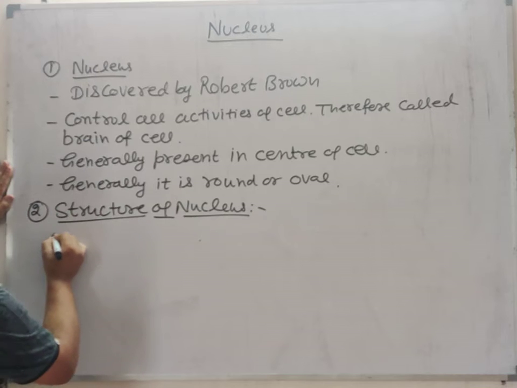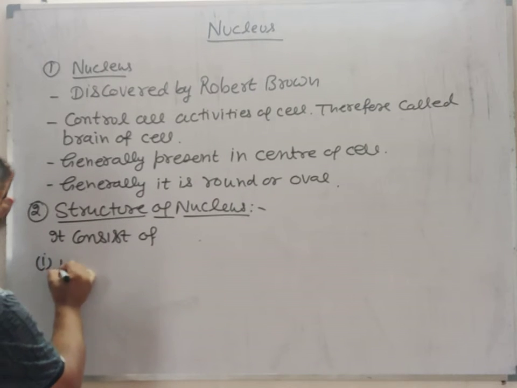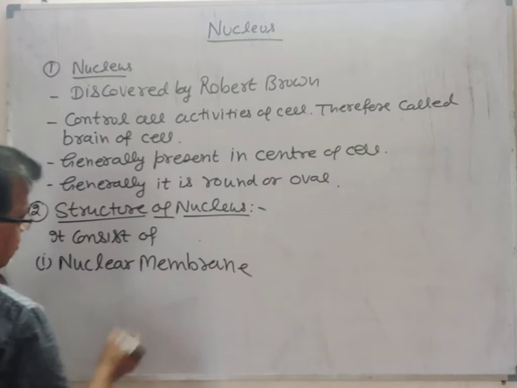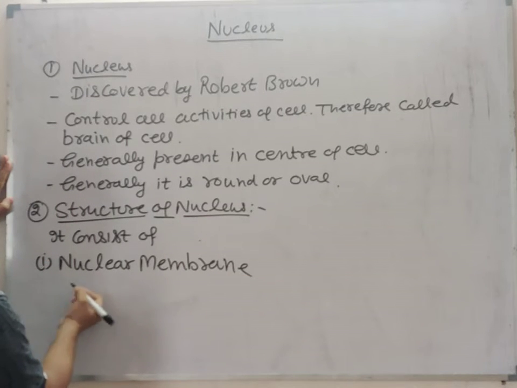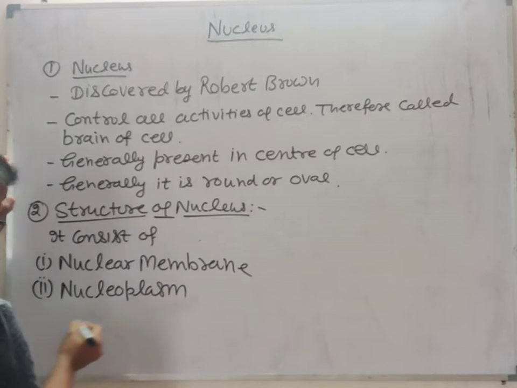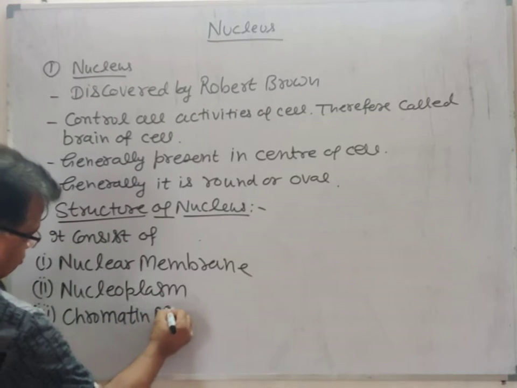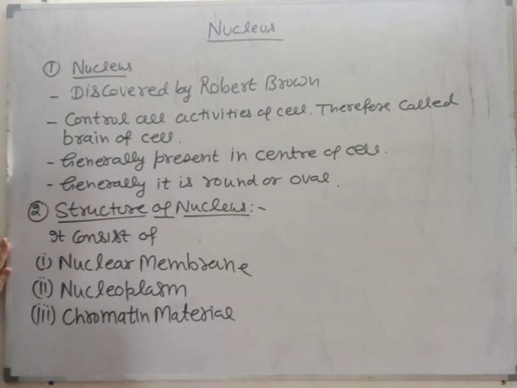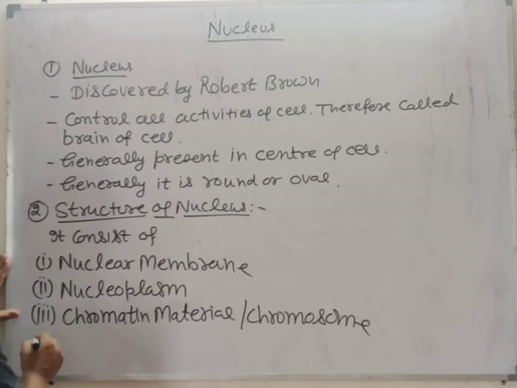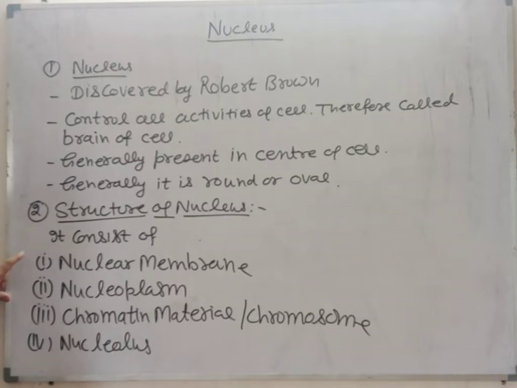Nucleus consists of nuclear membrane, nucleoplasm, and chromatin material, which converts into chromosome during cell division, and nucleolus. Now we shall study them one by one.